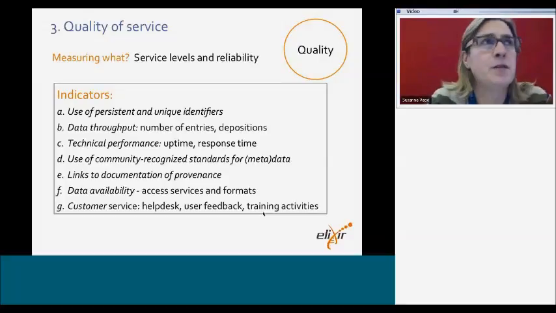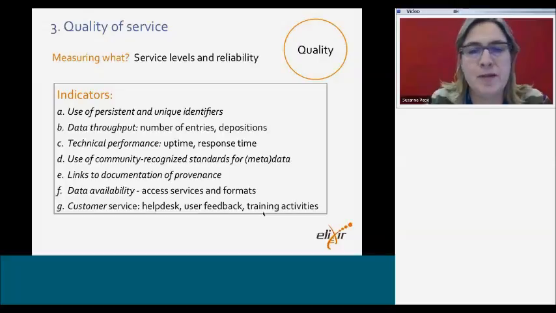And then there's the technical performance of the services and resources. So, what is the uptime of the website? Is it available 99.7% of the time, or is it only available 50% of the time? And can the pages and the data be retrieved in reasonable timeframes? Does the resource use community-recognized standards for metadata?